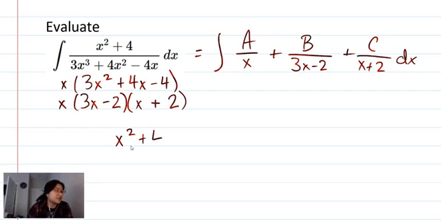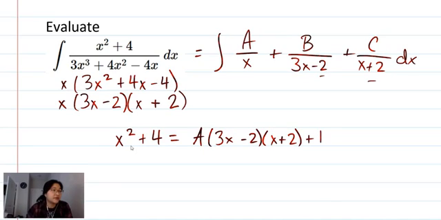x squared plus 4 is going to be A times 3x minus 2 times x plus 2 to get these two denominators. B is going to be x times x plus 2 because it's the other denominators. And C is going to be x and 3x minus 2.